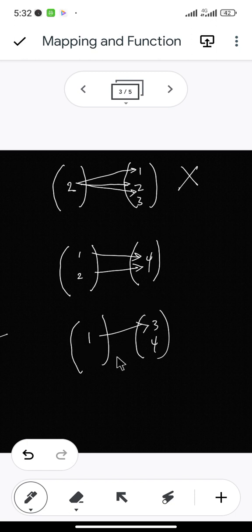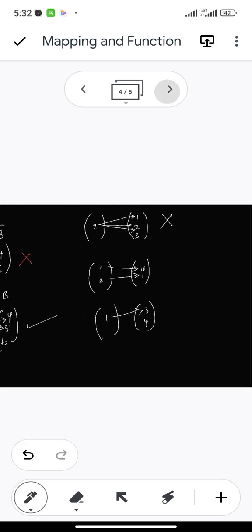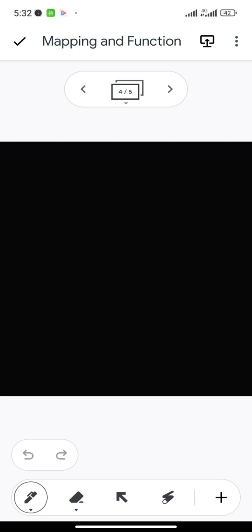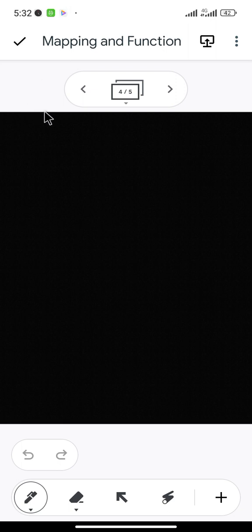Understand? So we move over to other terms we need to discuss. We've talked about equal functions. Now let's talk about the range of a function. What is the range of a function?